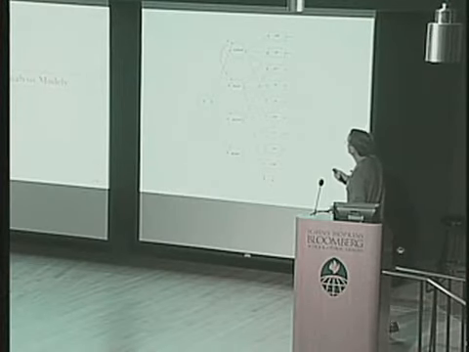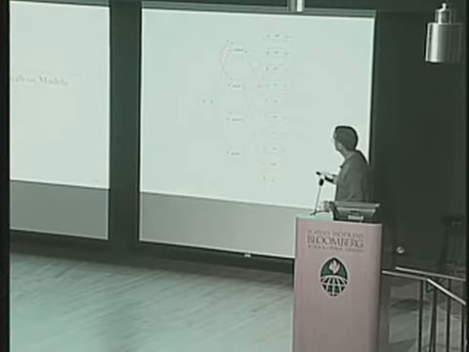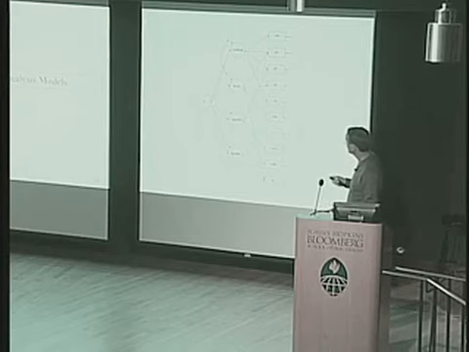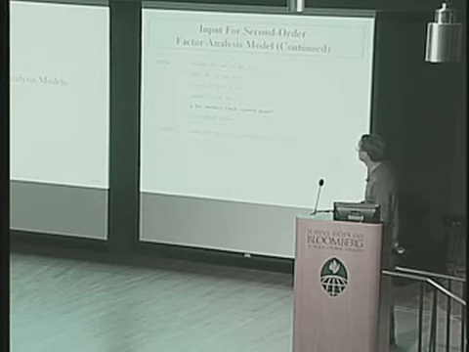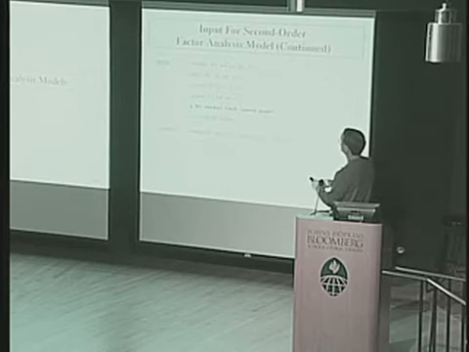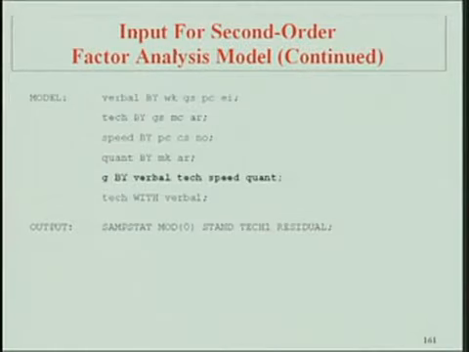Whereas here, you get into arguments of so-called general intelligence factors influencing the specific factors. In any case, it's easy to set up. You have the first-order factors, verbal measured by those, technical by those, speed by those, quant by those. So 4 first-order factors on slide 161. And then the second-order factor is just G by the first-order factors. That's all you have to do.